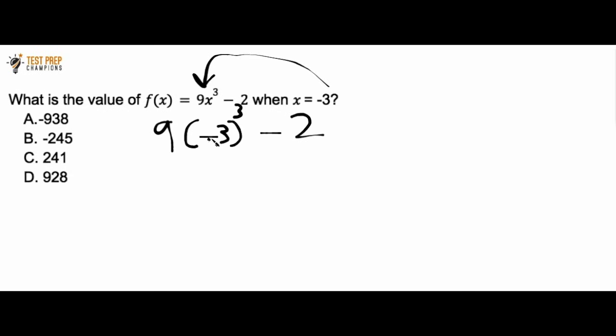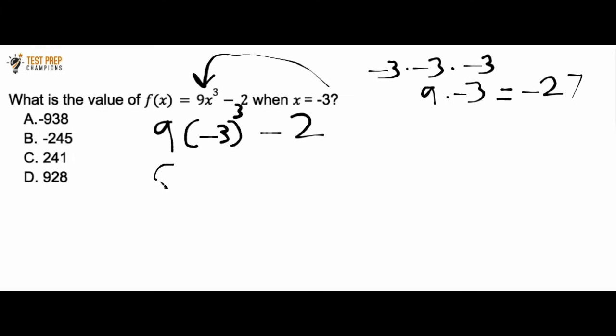And -3, so what is -3 cubed? Well, that's the same as -3 times -3 times another -3. So -3 times -3 would be +9, but then when I multiply +9 by -3, what I get is -27.